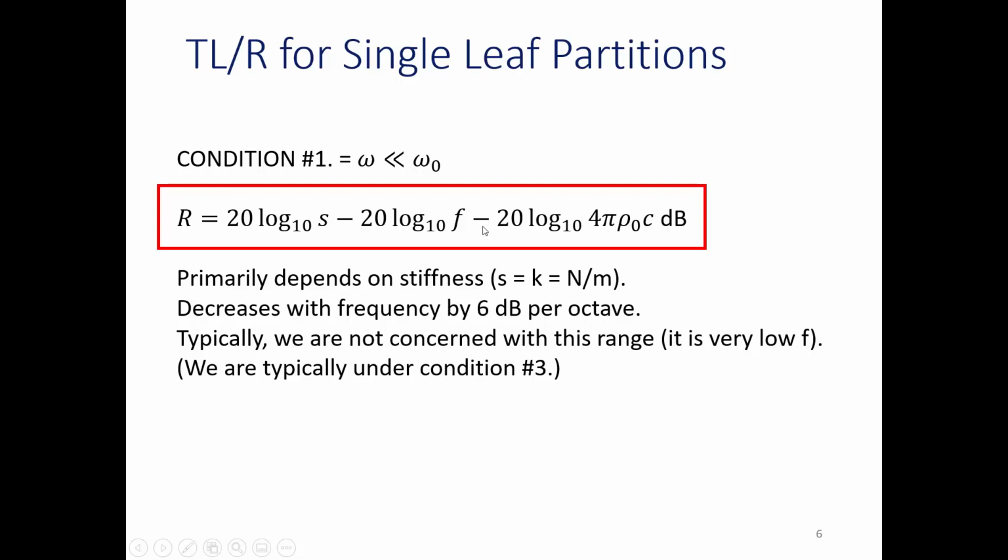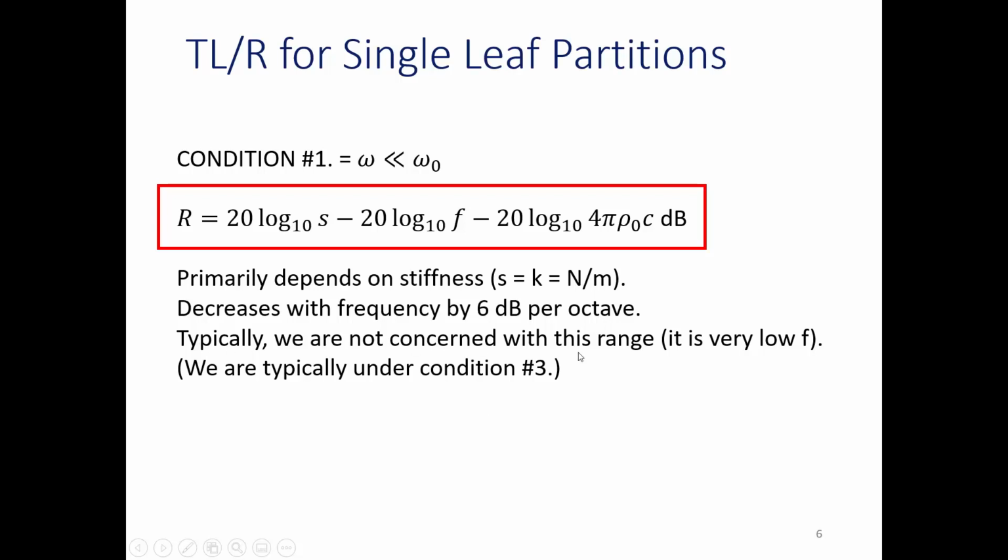But then we also have in this a negative 20 log 10 of 4 times pi times the characteristic impedance. That's the density and speed of sound through the medium, so that's in there as well. This one decreases with frequency by 6 decibels per octave.